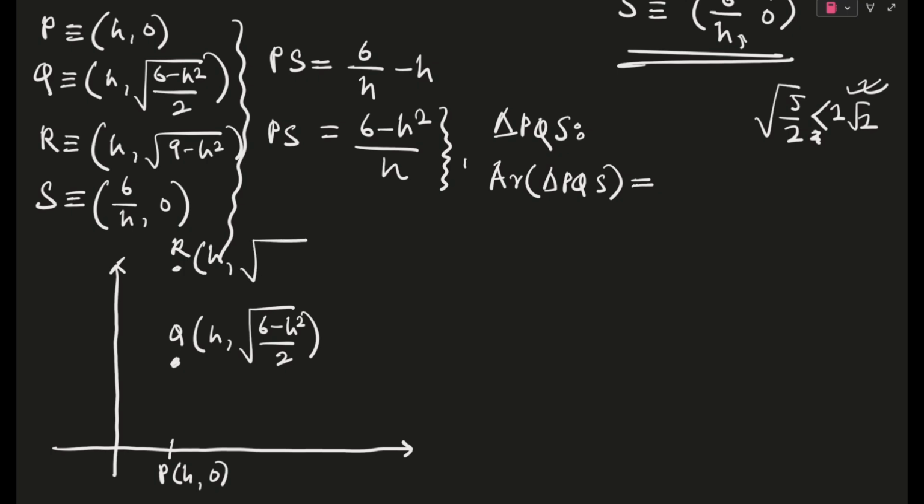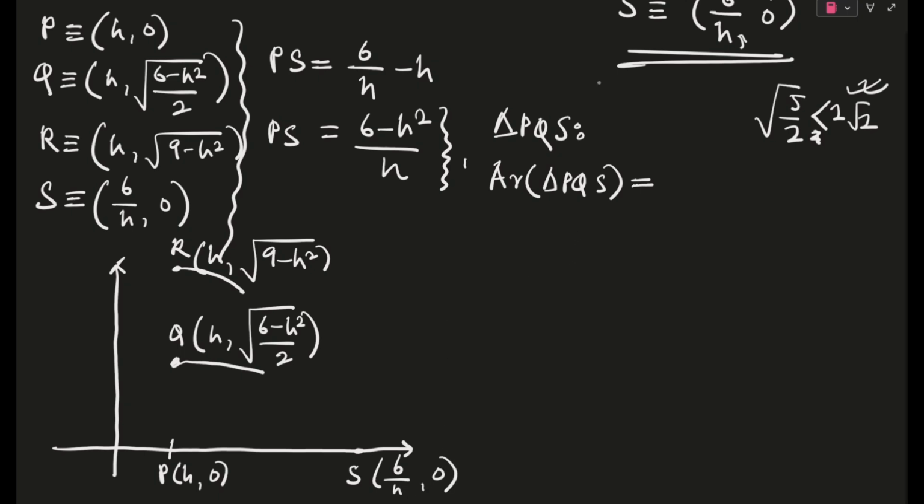And it's pretty obvious because of your director circle. See, somewhere here you will have your ellipse and the director circle will be something like this, right? So very natural. And if we talk about S, it was (6 by h, 0). So 6 by h is greater than this, so maybe 6 by h will be somewhere here. So roughly your triangle plotting will be easier now.